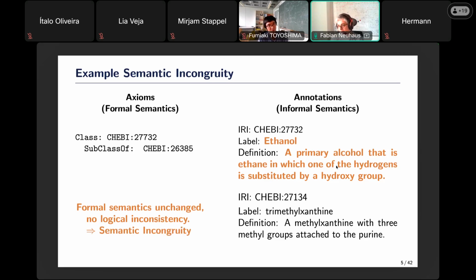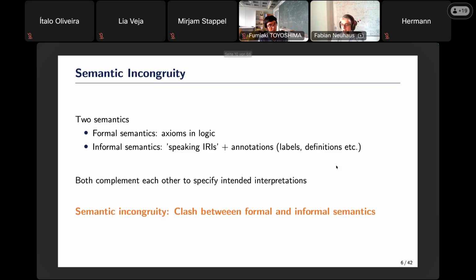So what we have here is what we call semantic incongruity. The formal and the informal semantics are determined by the two different parts of the ontologies, one by the axioms, and one by the speaking IRIs, that means IRIs which look, or partially look, like natural language terms, and then the annotations.